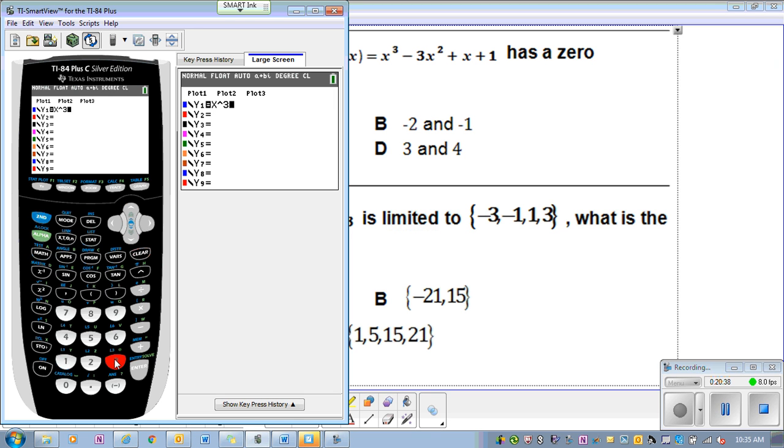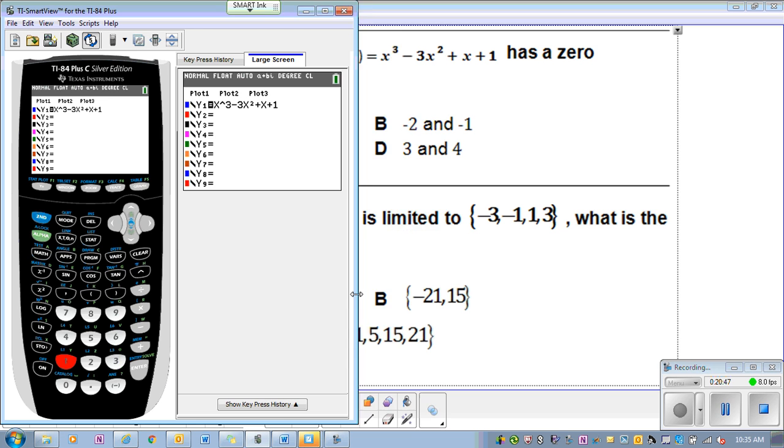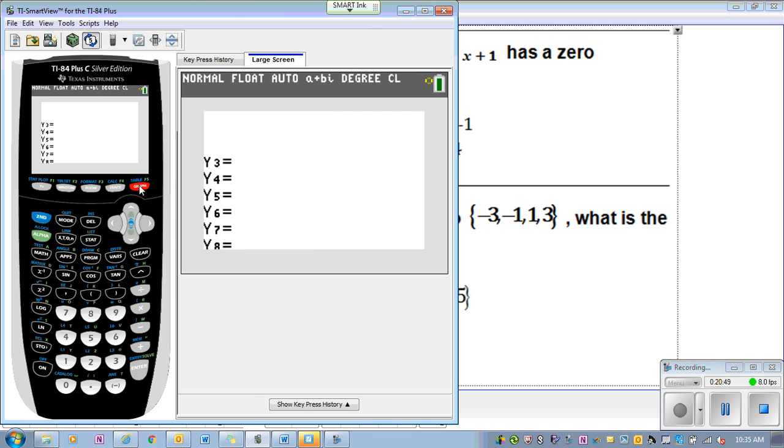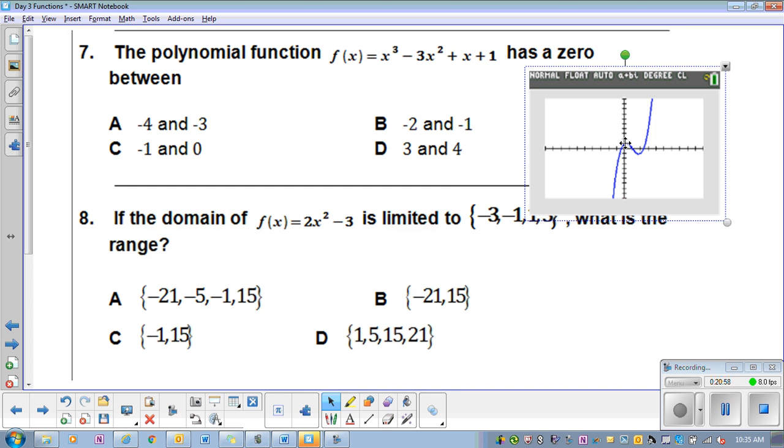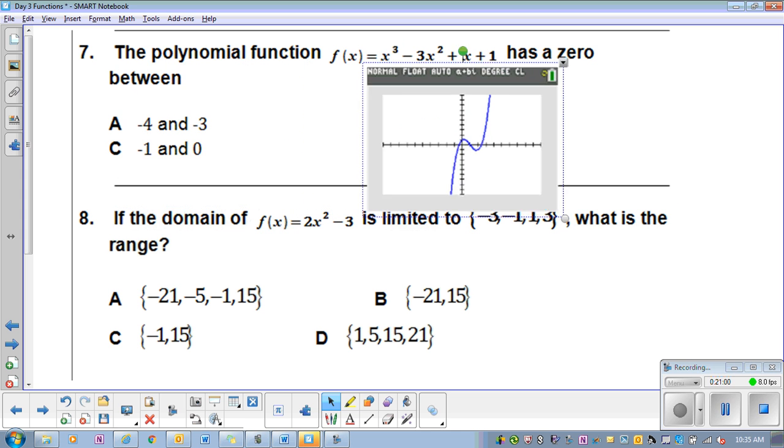X cubed minus 3x squared. Alright, so it has a 0 between something and something. Right? That's over here.